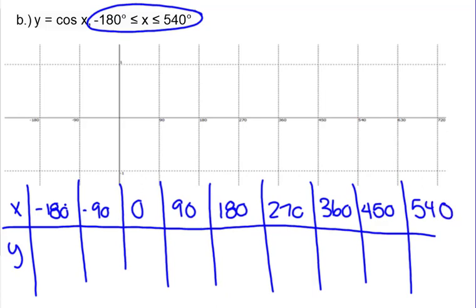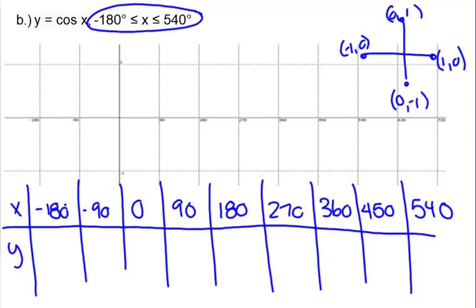All of these values happen to be ones that are on our grids of our coordinate plane. And so again, this is 1, 0, 0, 1, negative 1, 0, 0, negative 1.